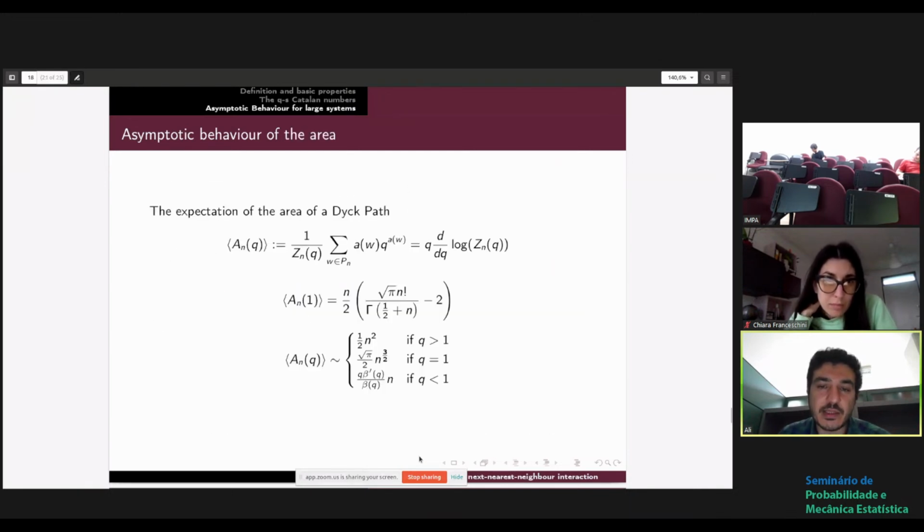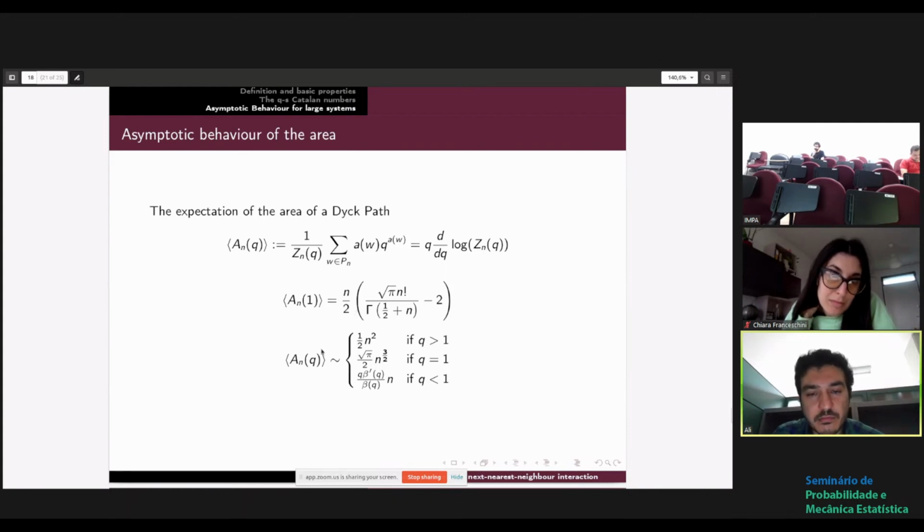Some other quantity that I am interested in is the average area of a Dyck path, or the expectation of the area. This is defined as in this expression, the sum of A(w) q to the power of A(w), and you can compute it from the partition function. For q equals 1, you can have an exact explicit formula.